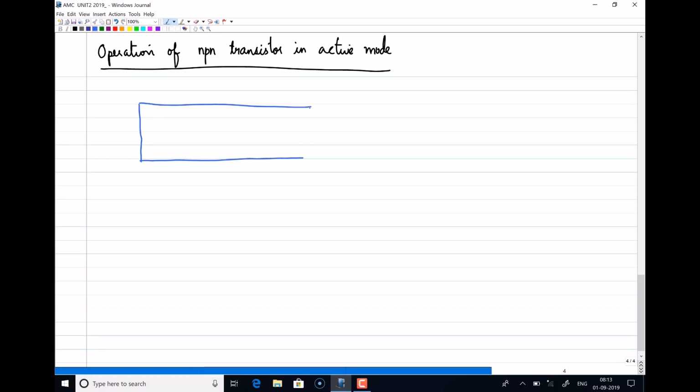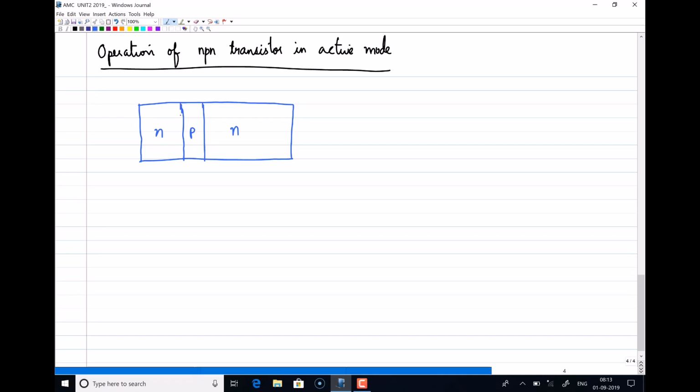So I'll take the structure I have drawn before, where you have an N region, you have a P region, and you have another N region. So this is the structure of an NPN transistor.